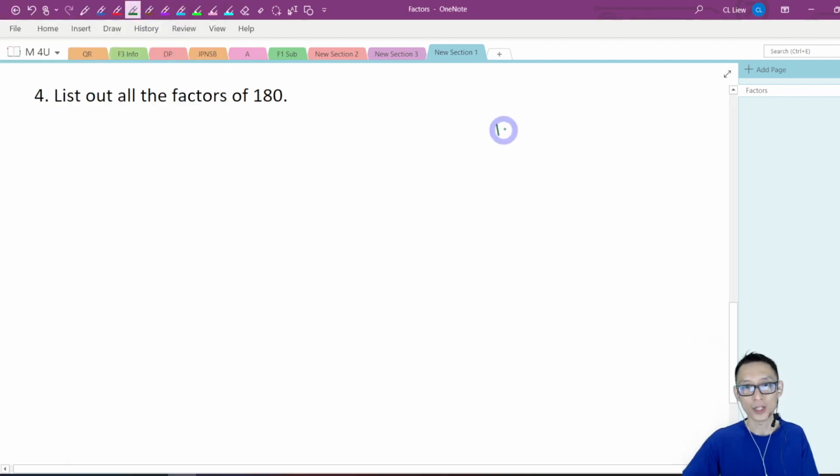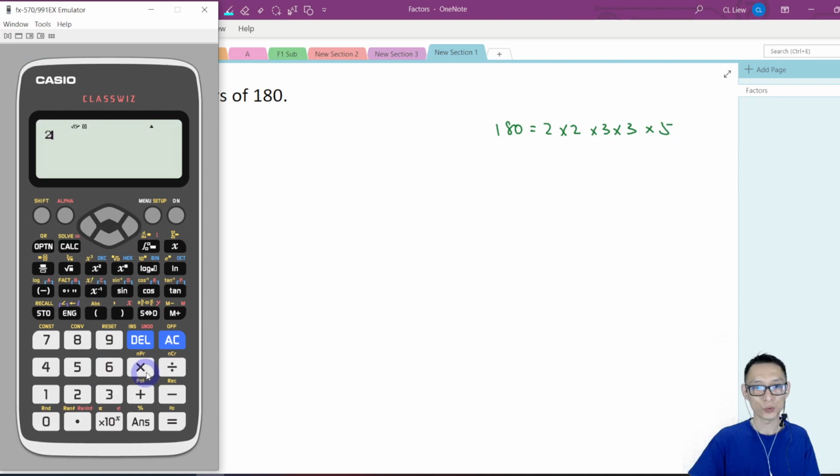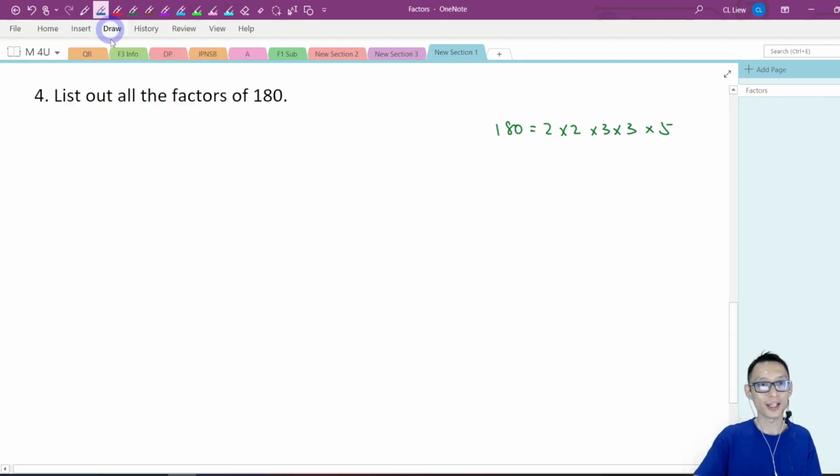So 180 is equal to 2 times 2 times 3 times 3 times 5. Now let's check. Yes, it's equal to 180.